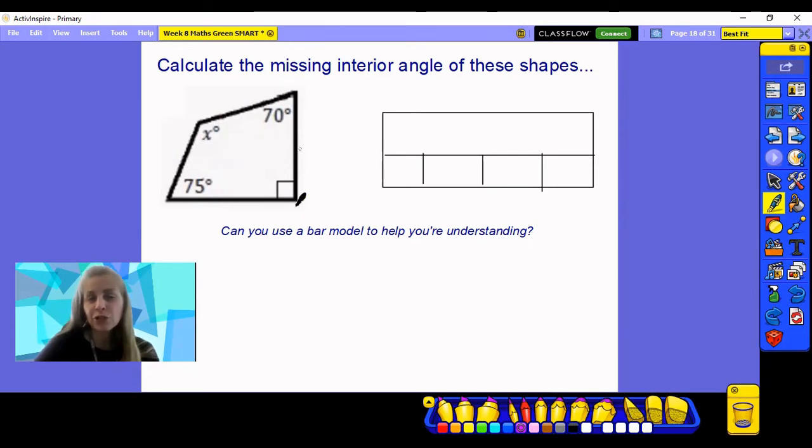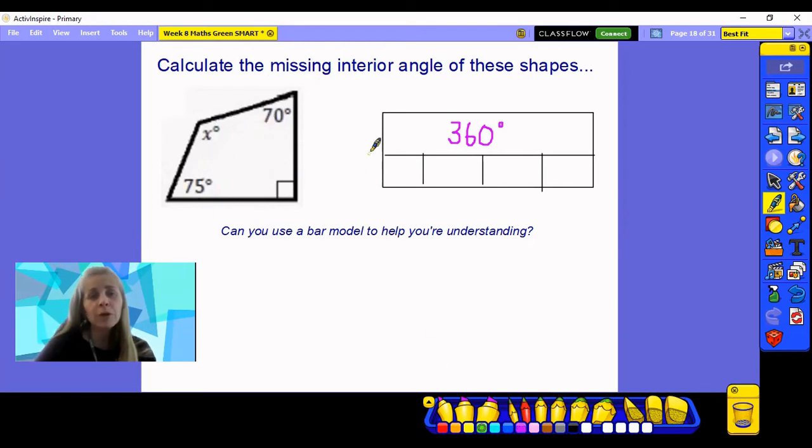We know it's a polygon because it's got straight sides. We already know that if it's a quadrilateral, the interior angles will total 360. So we can put that as our whole, because the interior angles will in total add up to 360 degrees.